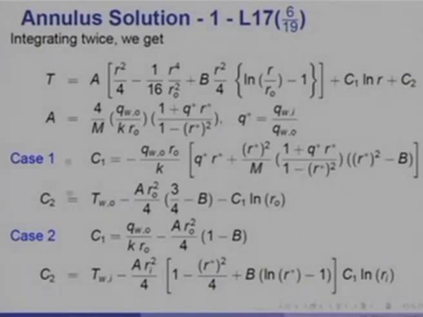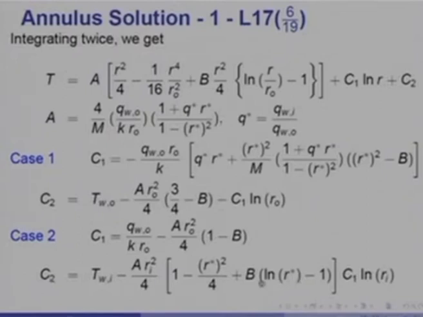I will consider two cases, as I said. In the case 1 where outer wall is heated, C1 turns out to be this and C2 turns out to be this. In the other case where inner wall is heated, C1 will turn out to be this and C2 is equal to that.